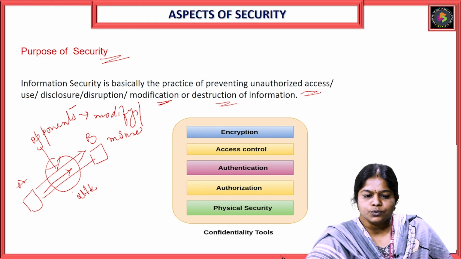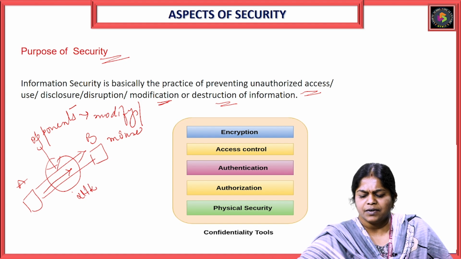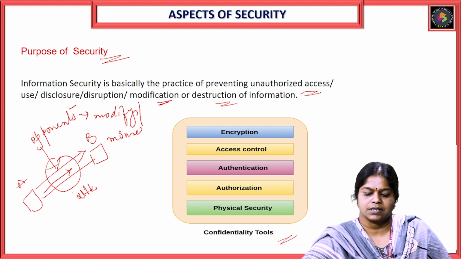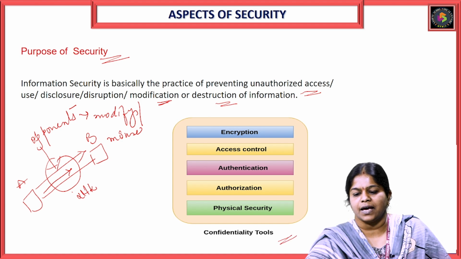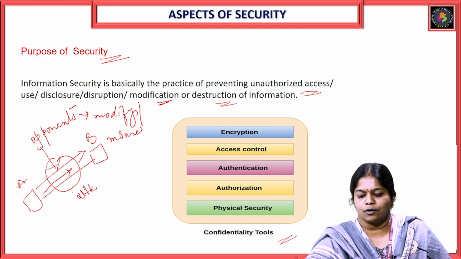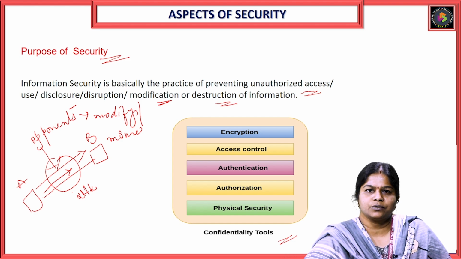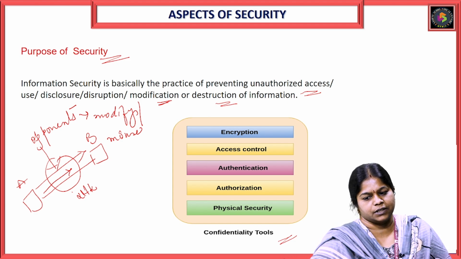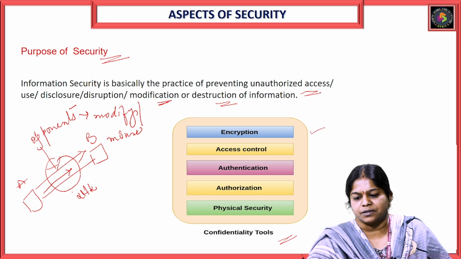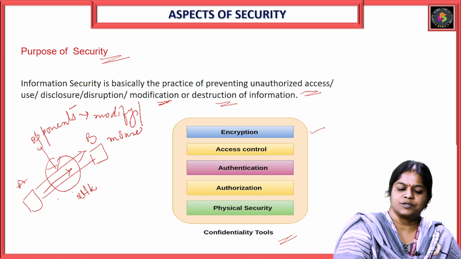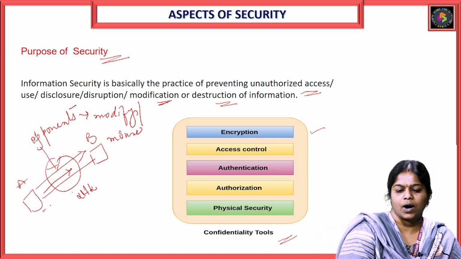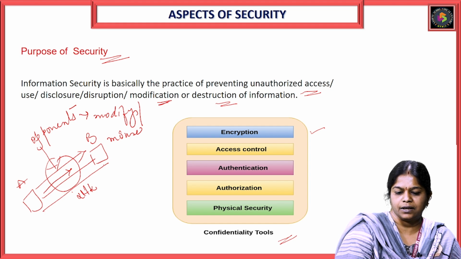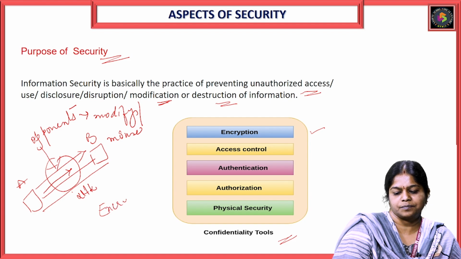And to do this basic practice, we have some confidential tools. For our reference, we have a particular hierarchy of tools over here which we can discuss before going to the aspects of security. The first one is encryption. During the transmission of the information from node 1 or node A to node B, we can secure our information with the help of encryption.